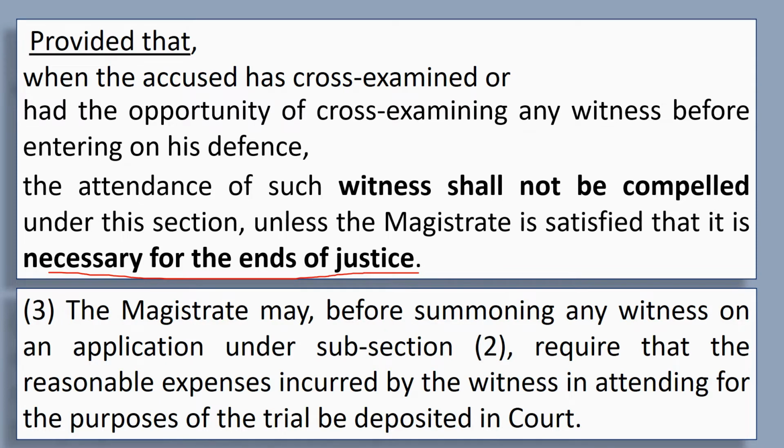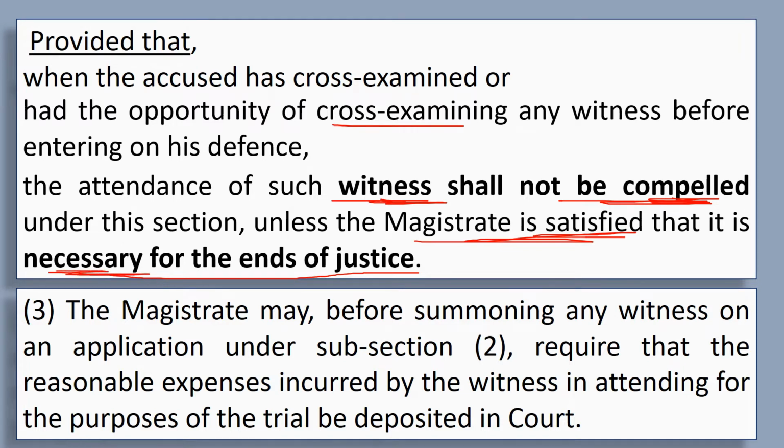Now, this is a condition which arises when cross-examining of any person has already been done and the accused wants it to be done again. So the attendance of such witness shall not be compelled, means he will not be forced to come to the court again. It depends only on the magistrate whether he thinks it's necessary for the ends of justice or not.